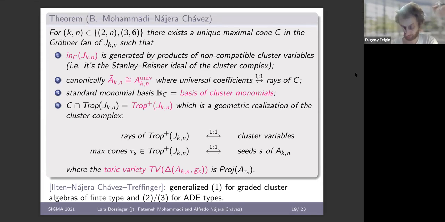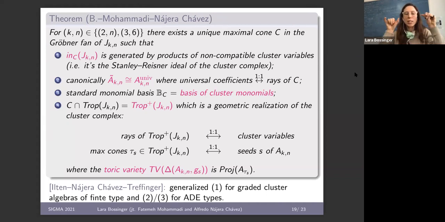Will you give some example, at least for Gr(2,n)? Just to see which maximal cone it is. I don't have it spelled out, but combinatorially it's really nice. The rays of the tropicalization for the Grassmannian Gr(2,n) are parameterized by partitions of the set 1 to n into two sets where each set contains more than two elements.